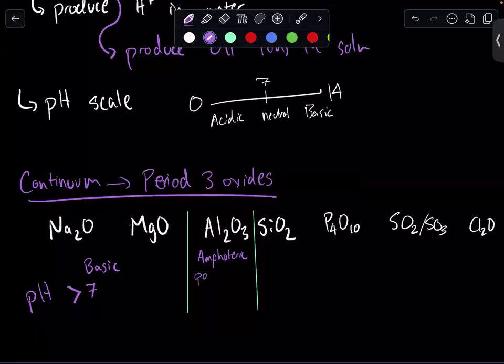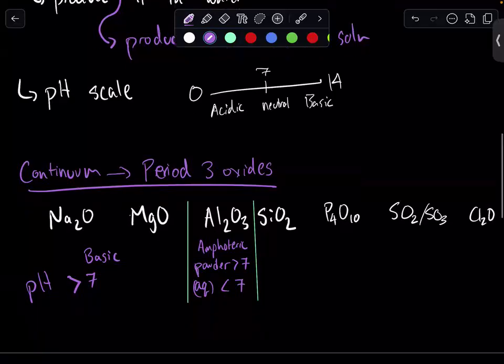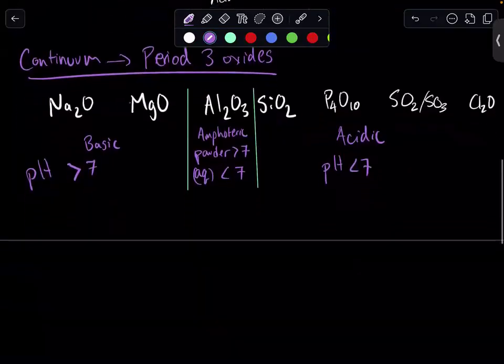So as a powder, it is basic, but in solution, aqueous, it's acidic. So it can act both as a base and an acid. Now, the rest of these non-metal oxides are going to be all acidic, meaning they have a pH less than 7. So we have this continuum of basic, neutral, acidic.